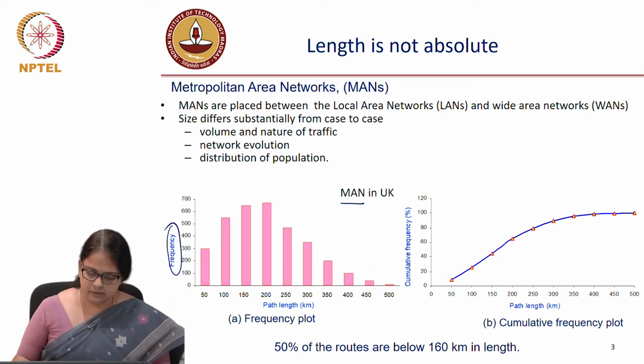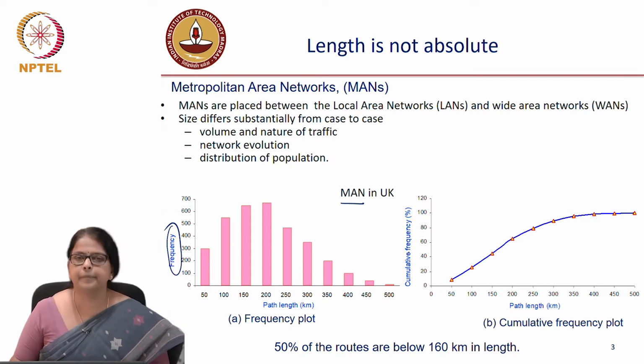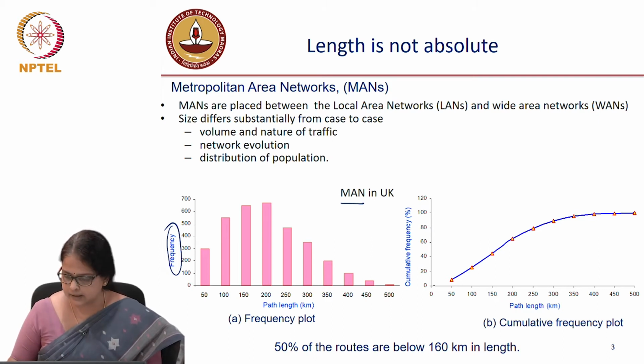And it turns out that on an average, the cumulative frequency is what is shown here. On an average, the path length is more for lengths which are between 100 to 200 kilometers. So this cumulative frequency plot helps us to understand better.